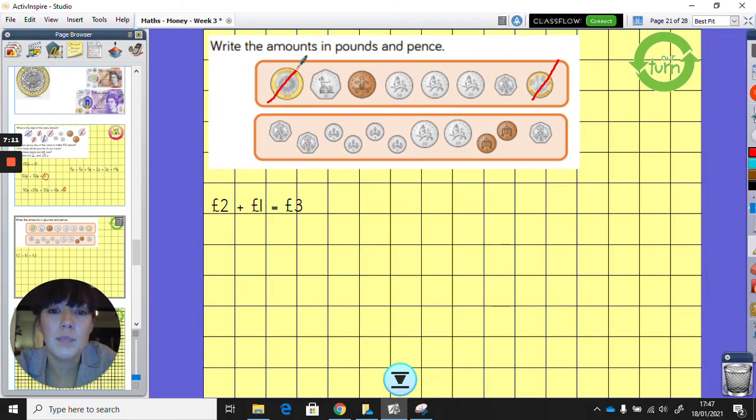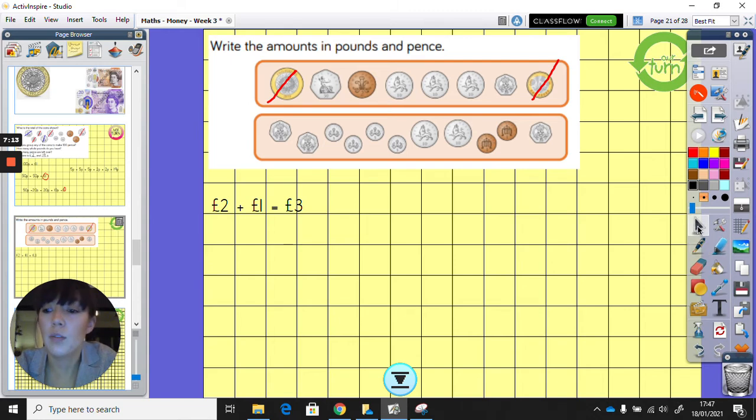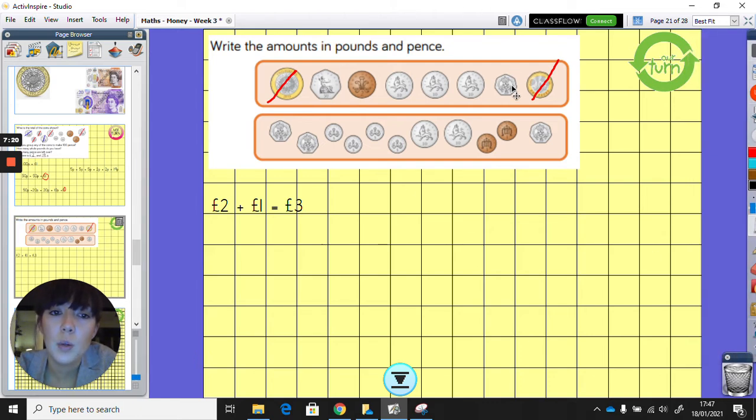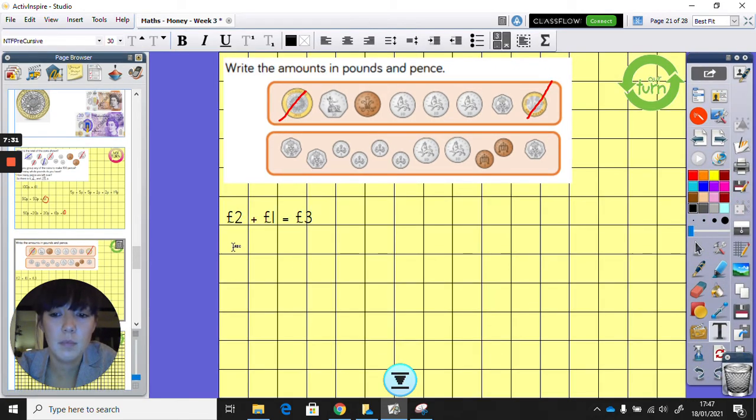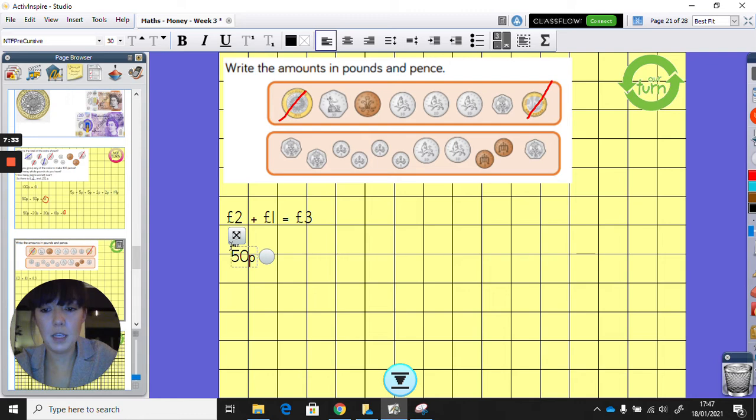Cross and cross. Okay, so now we need to work out whether we've got enough pennies to make 100p. So we've got 50p there. We've got 60, 70p there, so if that's 70, 80, 90, 100. So if we do 50p, add 20p, add 10p, add 10p, that would equal 100p.